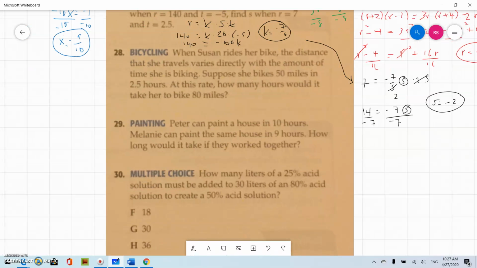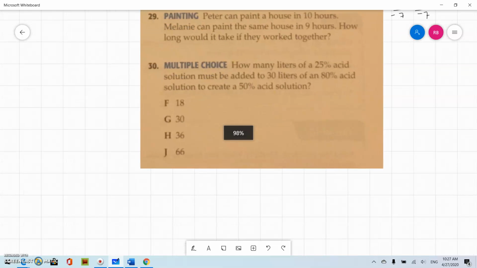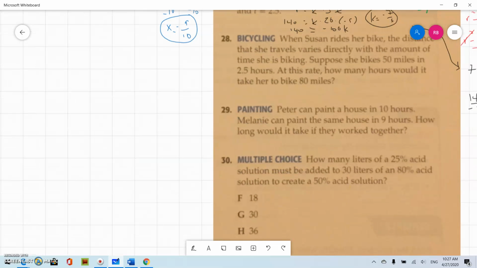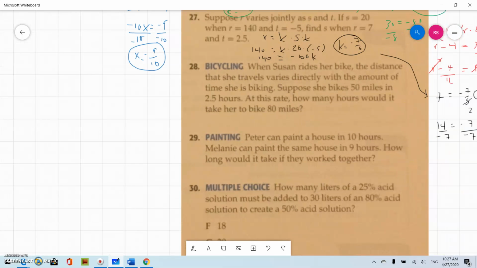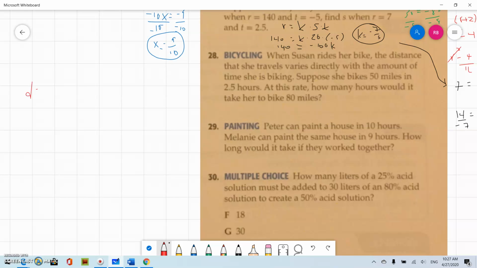Number 28. So word problems. There were some word problems for this chapter. Okay, when Susan rides her bike, the distance that she travels varies directly with the amount of time she is biking, right? So it's still a variation problem. Let me write it as a variation.